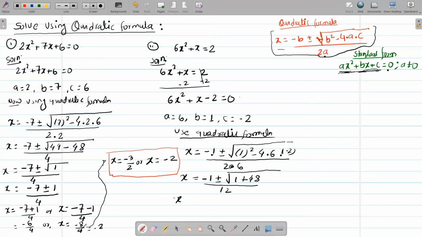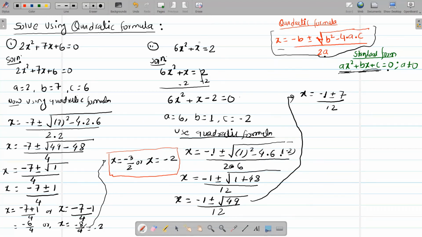So next step, x is equal to -1 plus minus the square root of 1 plus 48 is 49, over 12. So our x value is equal to -1 plus minus the square root of 49, which is 7, right, over 12. As I said, we have a second degree quadratic equation, so we are supposed to have two values of x.